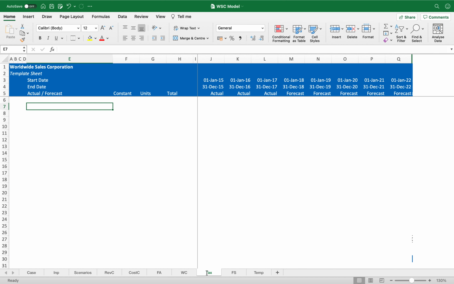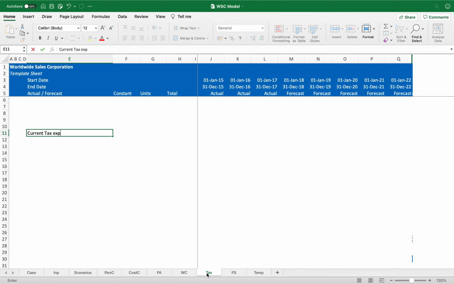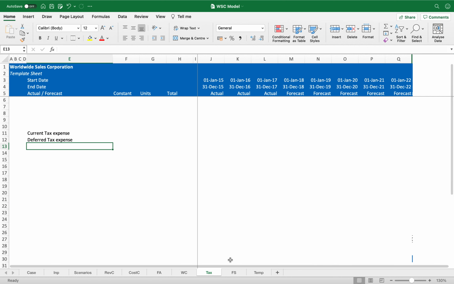Now there are two components of taxation that we need to take care of: one is current tax expense, and the other is deferred tax expense.